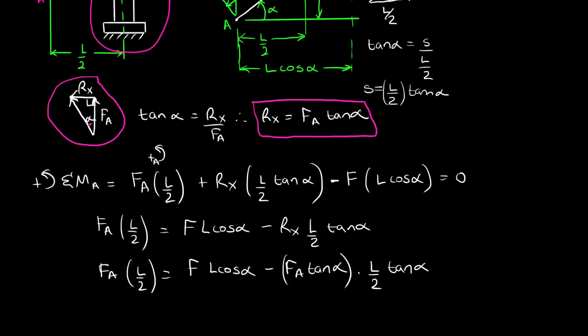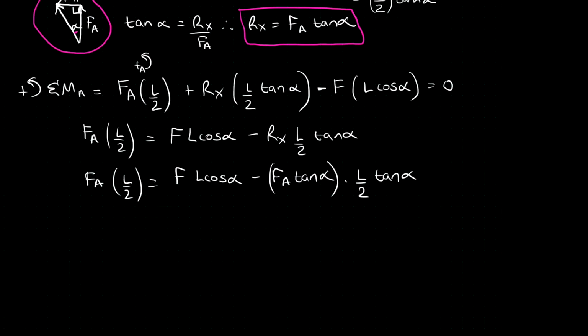So we can calculate that out further. FA L on 2 is equal to FL cos alpha minus FA L on 2 tan squared alpha.